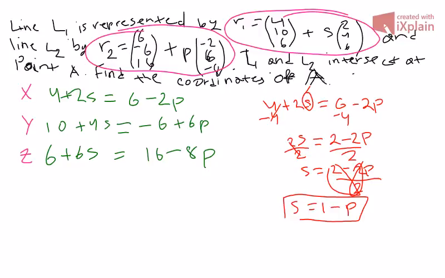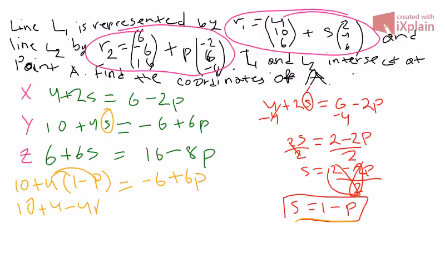Now that we know our s, we can substitute it into this s in order to find p. So 10 plus 4, and then we'll put this over here, (1 minus p) equals negative 6 plus 6p. Now we'll distribute the 4, and we'll end up with 10 plus 4 minus 4p still equals negative 6 plus 6p.